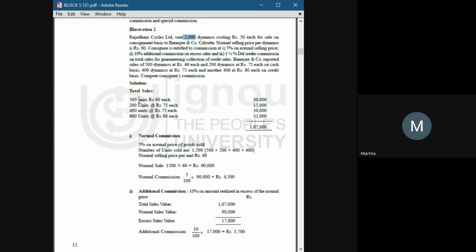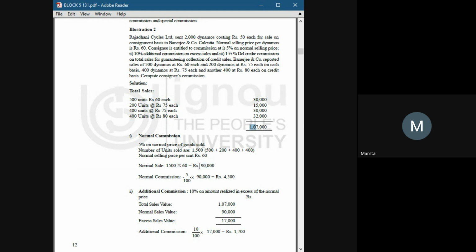So let's do this. Normal commission is entitled on each section because the minimum he has sold at is 60, which was our minimum normal selling price, and every other unit he has sold at a higher price, which includes 60 as well. So the normal commission on 1500 units at 60 rupees is 90,000.